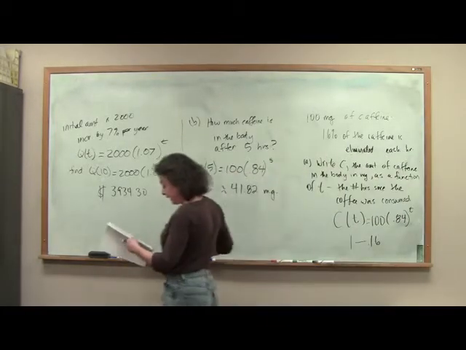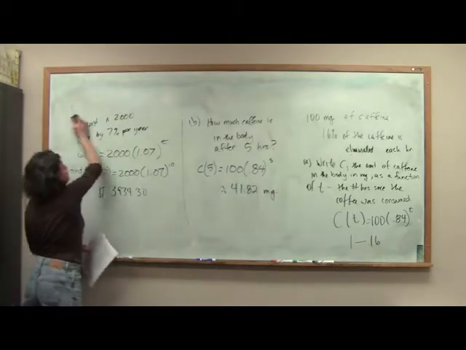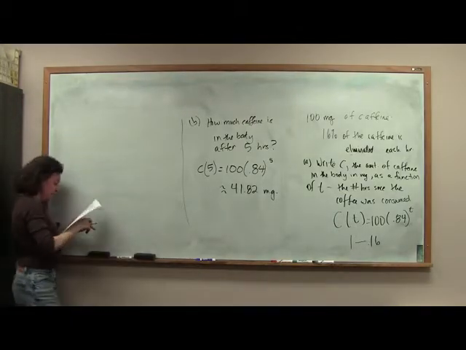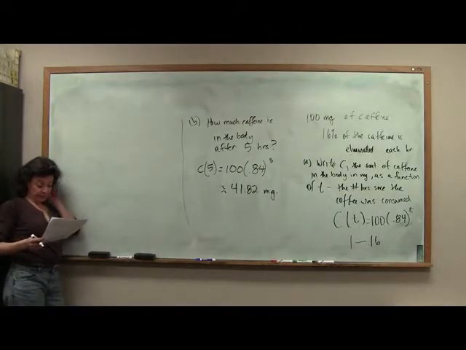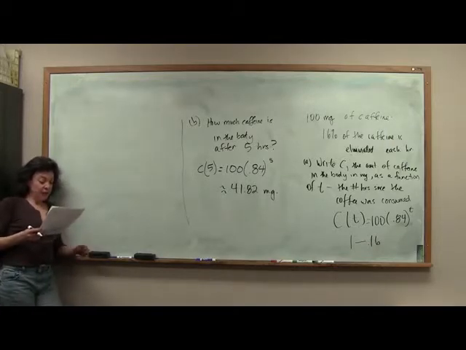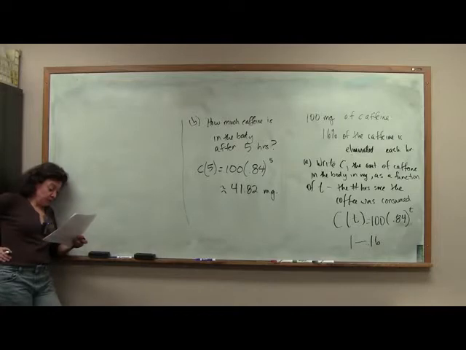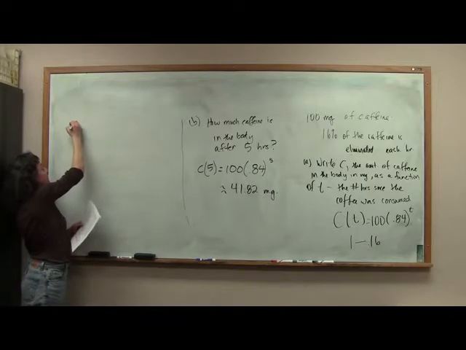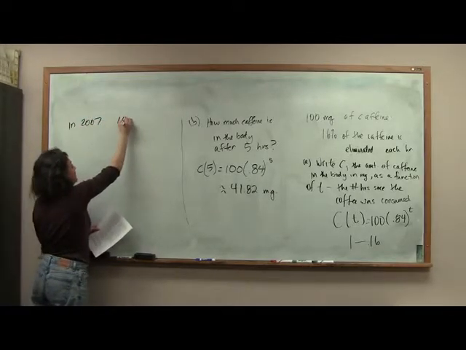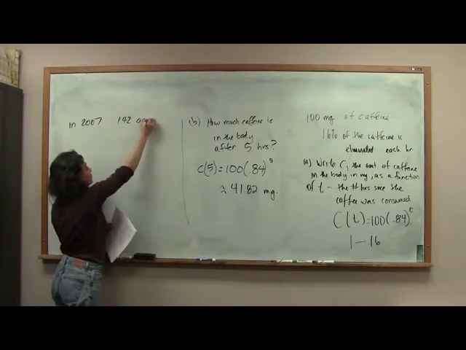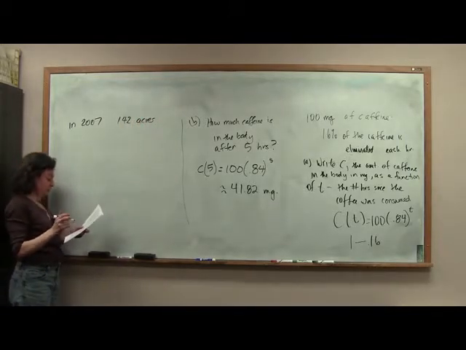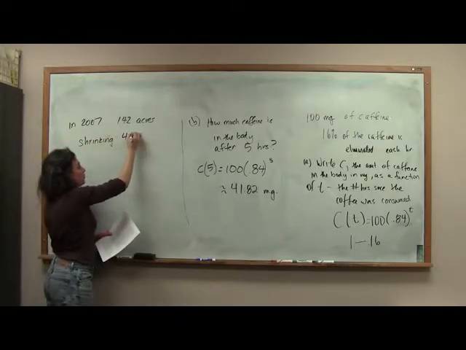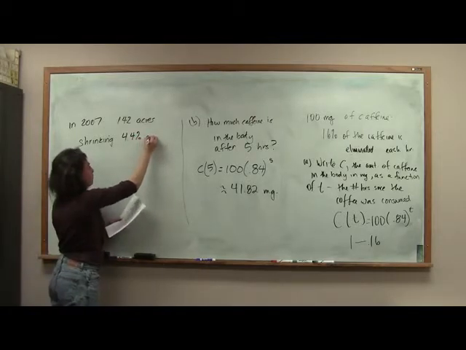Alrighty, let us do one more example. This next example reads as follows. Grinnell Glacier in Glacier National Park in the U.S. covered about 142 acres in 2007. So in 2007, it covered 142 acres. And it was shrinking, bummer, at a rate of 4.4% per year.